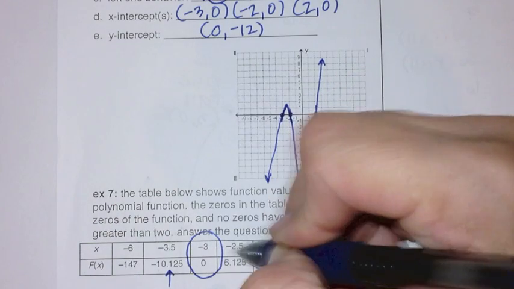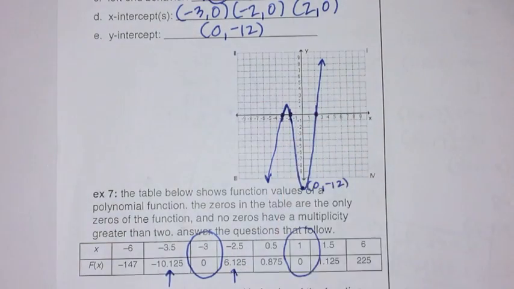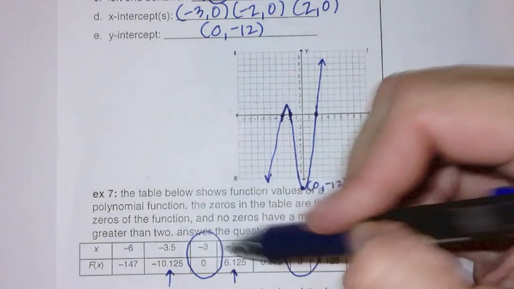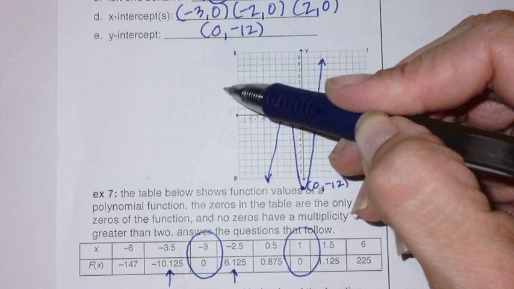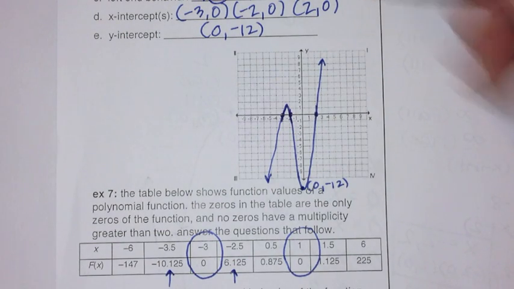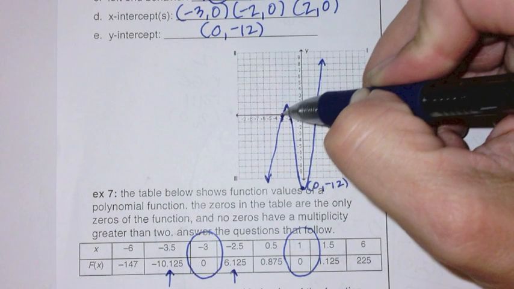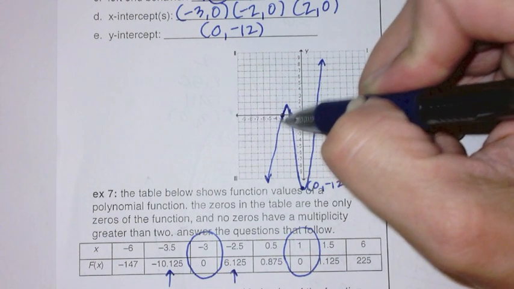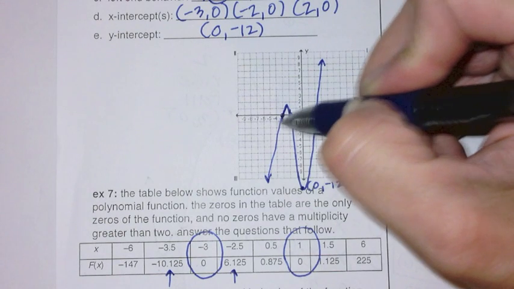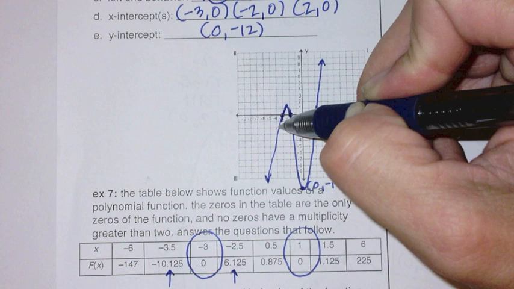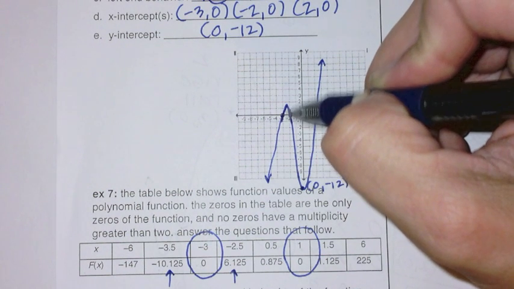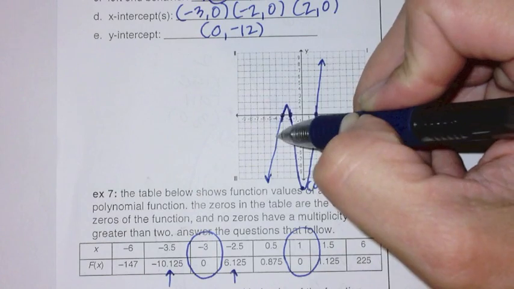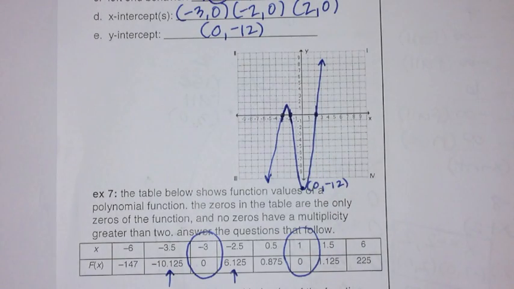But if I go half an increment to the right, it's positive. So that tells us it crossed through the x-axis. If you look at this graph up here, it's similar: at negative 3.5 it was below the x-axis, meaning the y value is negative, and at 2.5 it jumps up above. So it had to cross through.